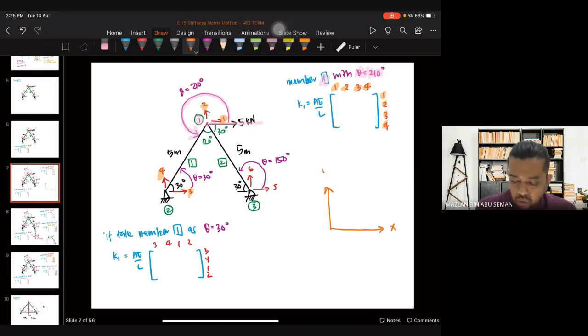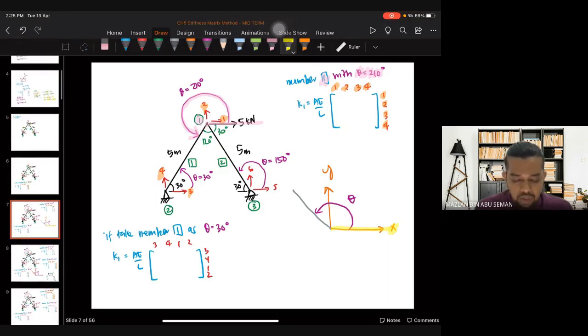Your x, your y. So your members here, for example, your member. If you take theta, this theta is from the positive x-axis. So that's your theta.